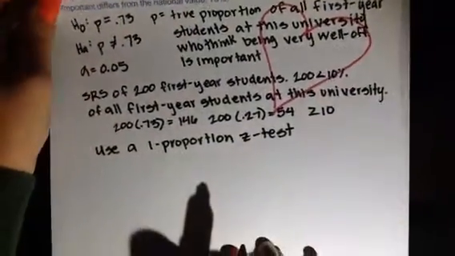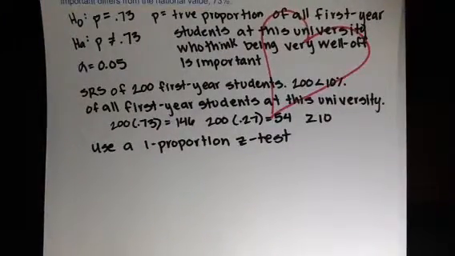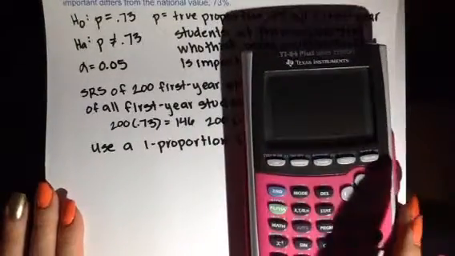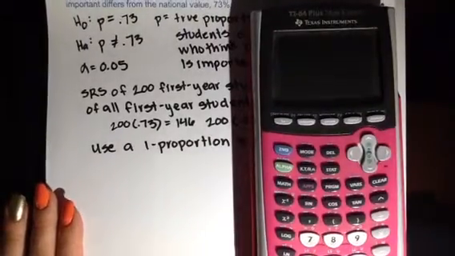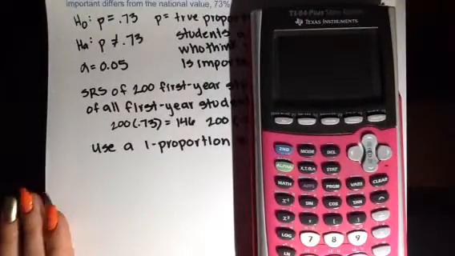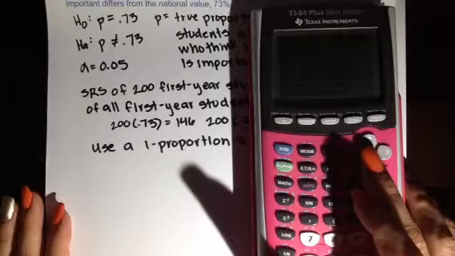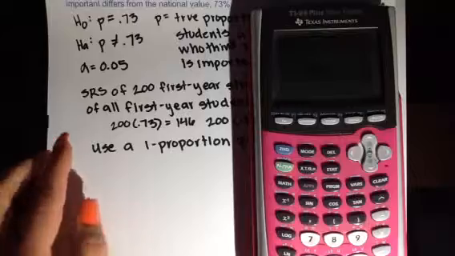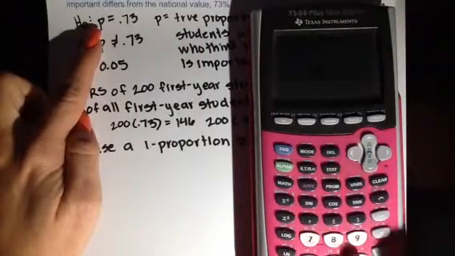This time I'm going to show you how to do this in the calculator so you get to see something different. So if I come to my calculator, hopefully you see that well enough. It's pretty dark for you. I'm going to do stat, move over to test, go down to a one prop z test, which is number 5. It asks for P naught, that's the P that we had in our null hypothesis, so it's 0.73.